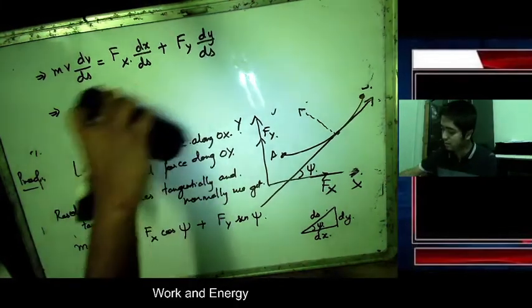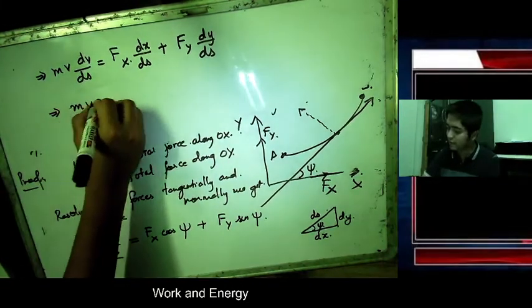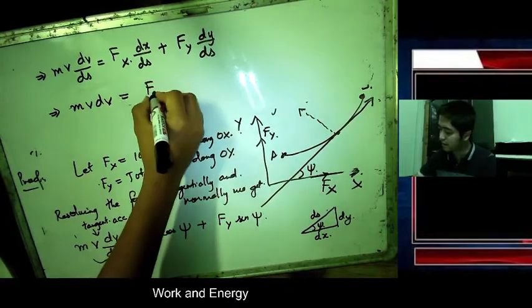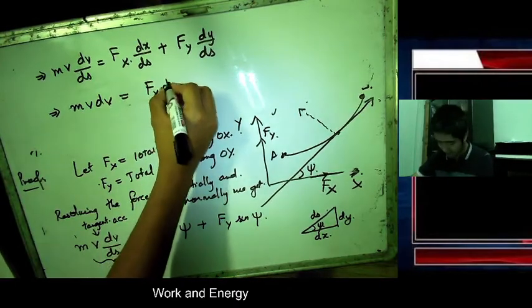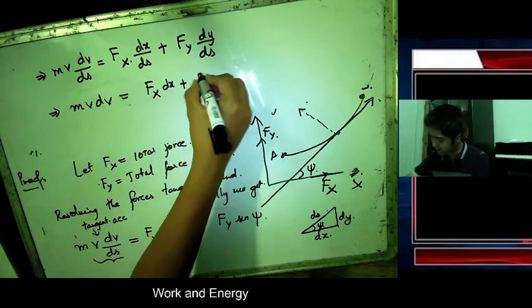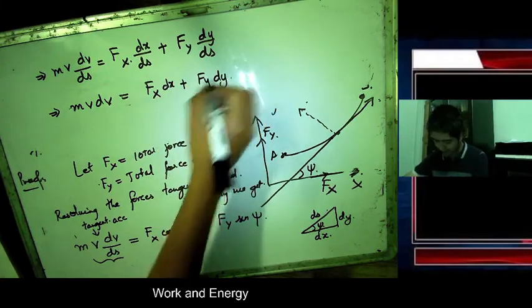So we will be having mv dv equal to Fx dx plus Fy dy.